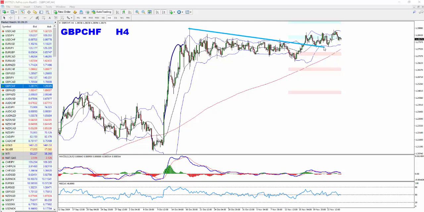This was a ranging condition, as we all remember the past few weeks. And then we got the breakout out of it, gaining momentum to the bullish direction by creating higher highs and higher highs on the MACD histogram. And the idea from there was pretty easy.